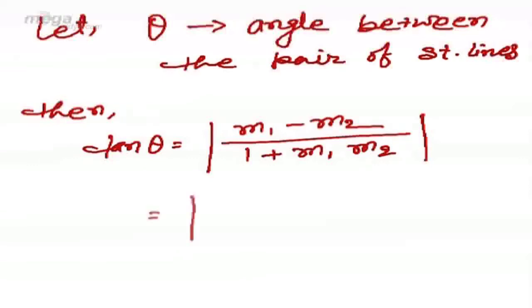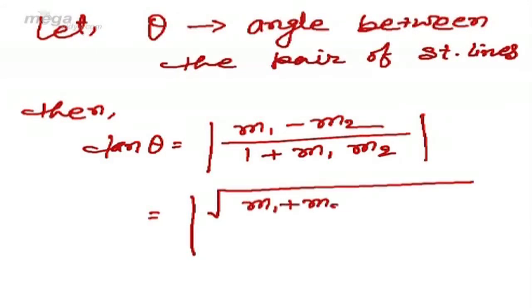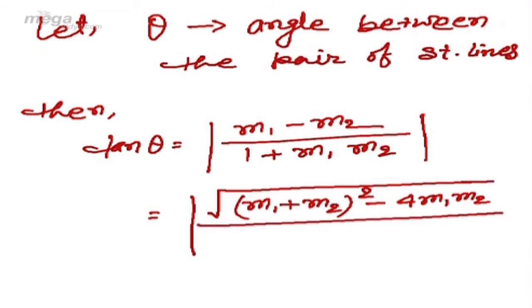Now this m1 minus m2, can you write it as root under m1 plus m2 whole square minus 4 m1 m2, whole divided by 1 plus m1 m2, and then we'll put the mod.